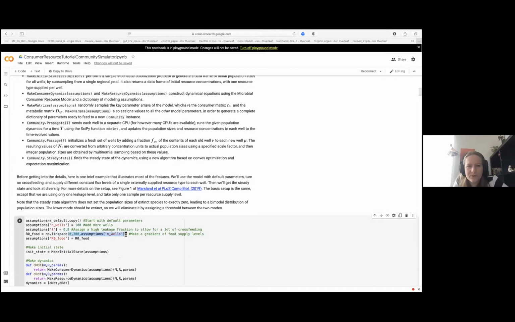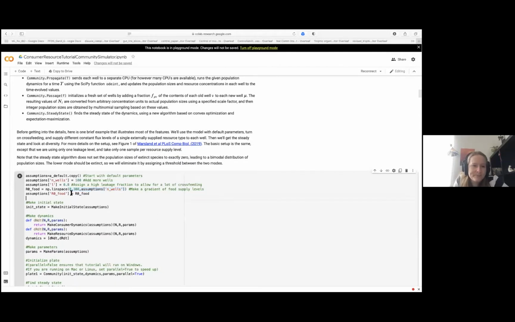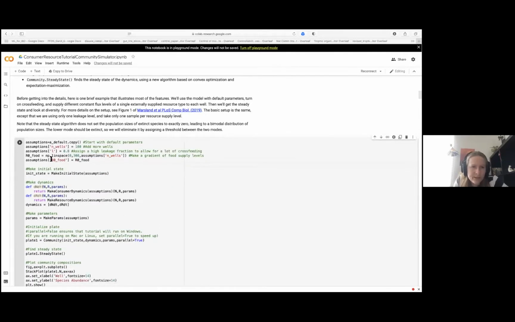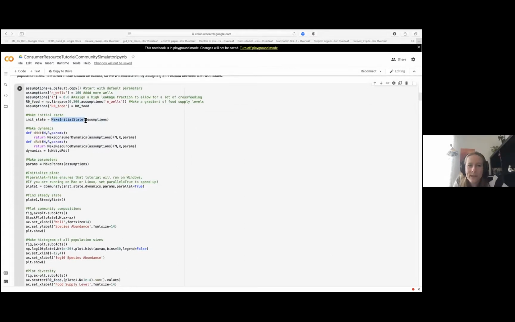Yes, you probably want to run like 100 different environments to test. Basically you input this vector of initial resource supplies into your assumptions. This make initial state function grabs those assumptions, makes this data structure that will specify your microbes, specify your resources, taking this parameter for growth into account.